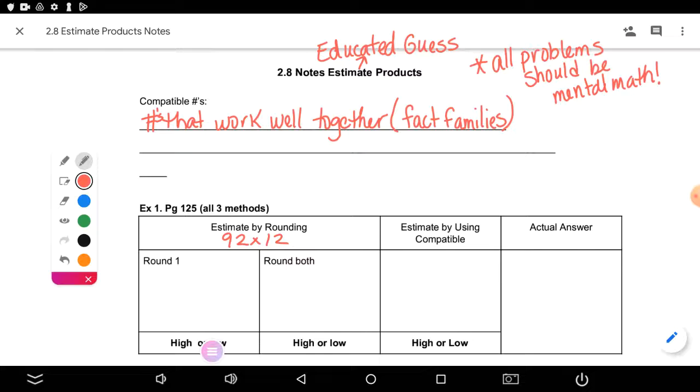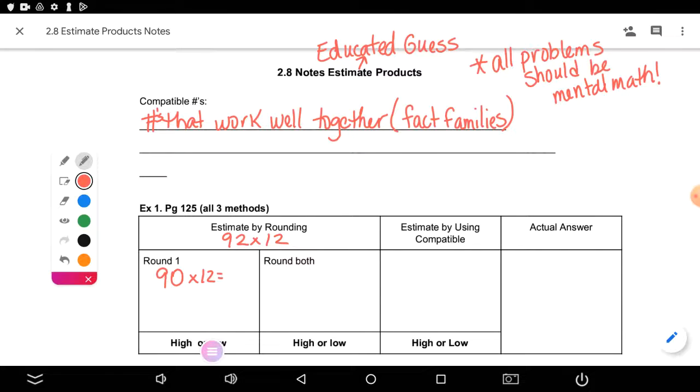If I just changed one number, which one do you want to change, Grayson? 92. Okay, you want to change 92? What would you change 92 to make it easier to work with? 90. Okay, the nearest 10. 90 times 12.